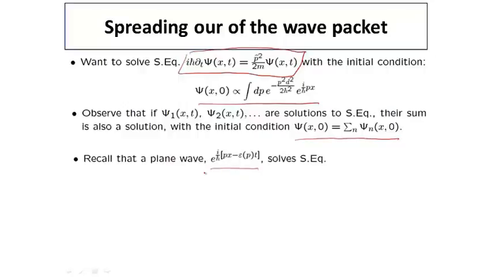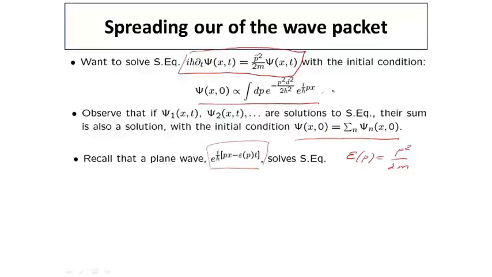In some sense, we have constructed the Schrödinger equation such that it would give us this as a solution. And here epsilon of p is the energy of the free electron, simply equal to p squared over 2m. Now, if we take a look at the initial condition again written in this form, we see that it's an integral over momenta. But the integral is a sum in some sense.